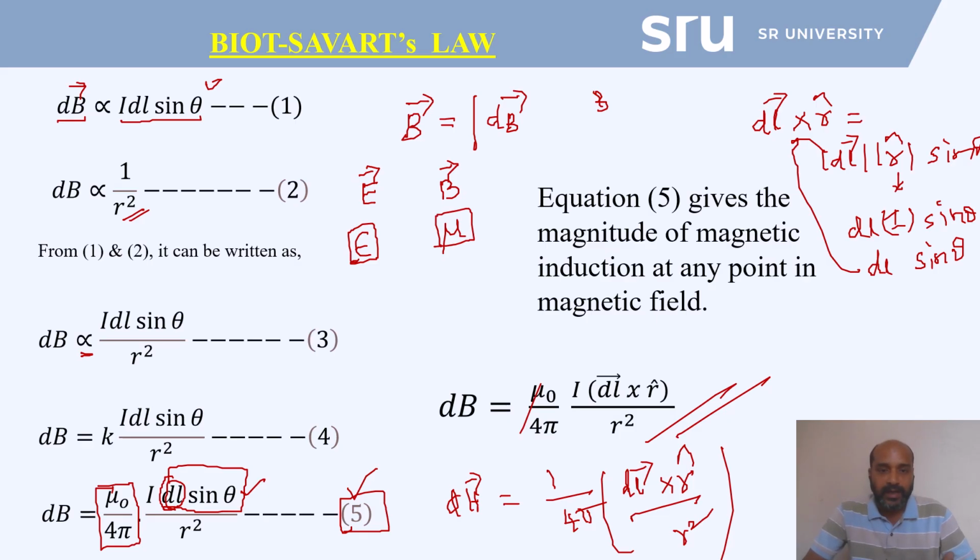Like in Coulomb's law, the force of interaction is 1 by 4 pi epsilon naught q1 q2 by r square. So here epsilon naught is in the denominator. But for the same concept in magnetostatics, that constant will be in the numerator. So they will appear reciprocal.